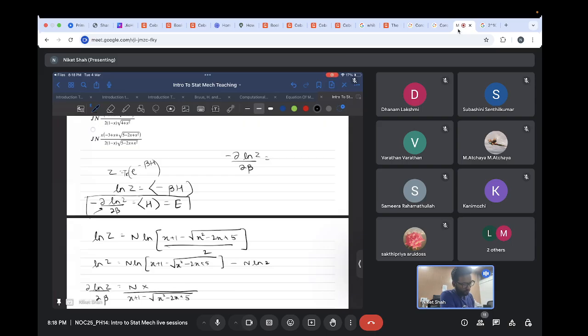Okay, so now the derivative I have to be very careful while taking, because x is equal to e raised to power beta j. So x has beta inside of it. I've already done this.